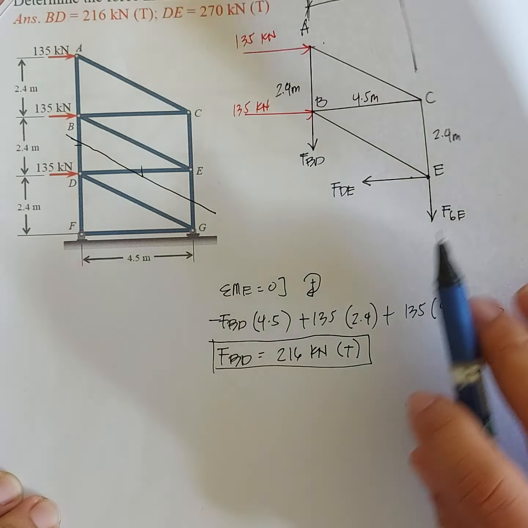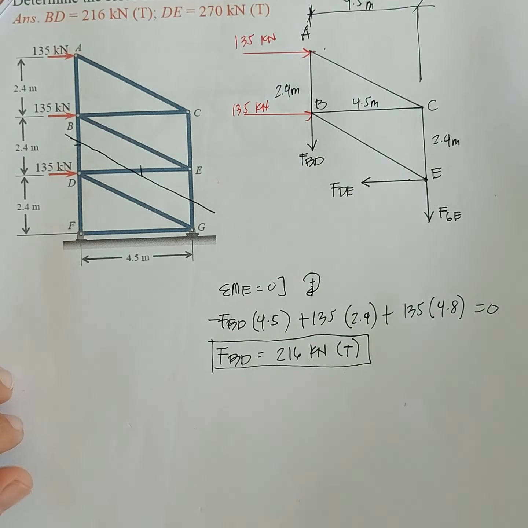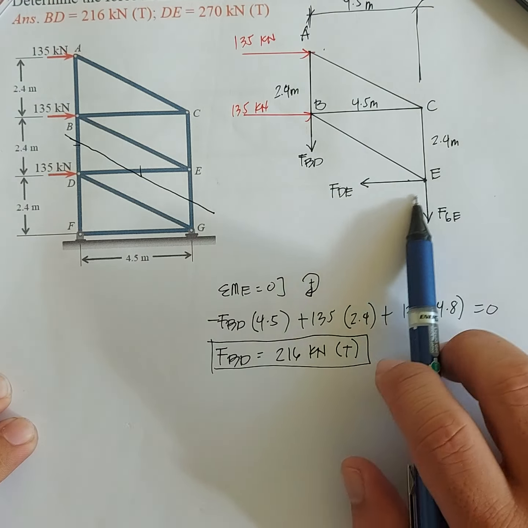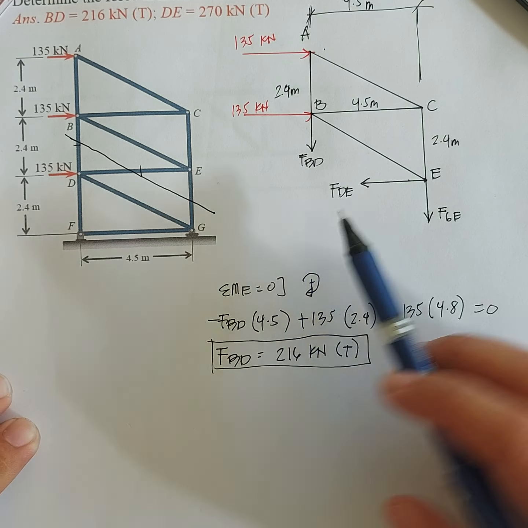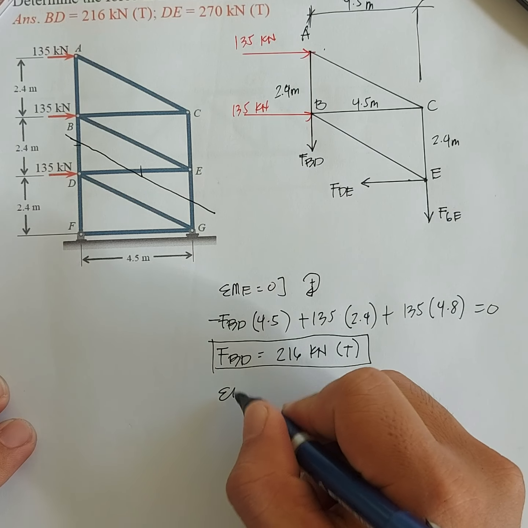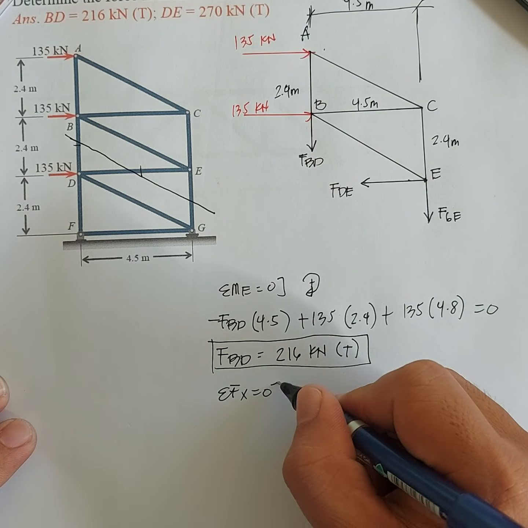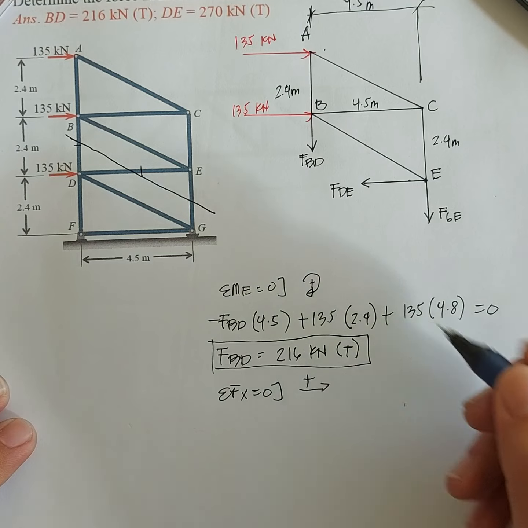Let's solve for FDE. Okay, since FDE is horizontal, then we can summate forces along the horizontal direction. Forces to the right, positive.